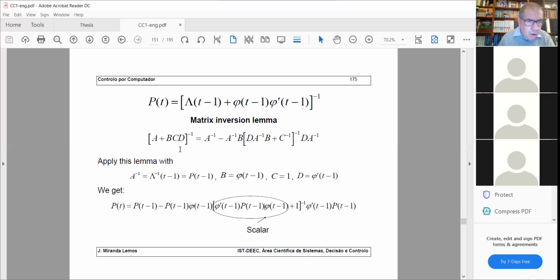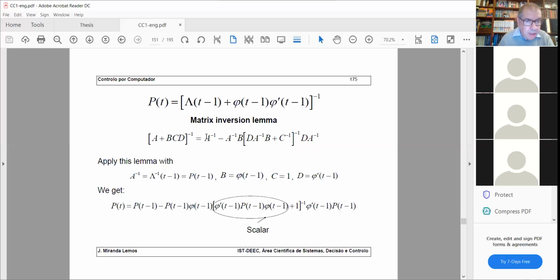Now, what I'm going to say is that A will be lambda. That is to say, A inverse is the inverse of lambda, so it's P. B is phi, C is 1, and D is phi transposed. Okay? So what do I get?